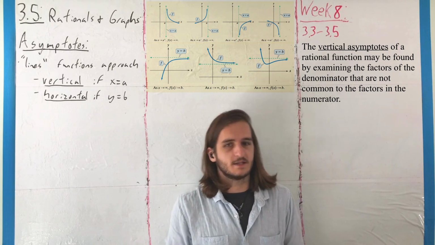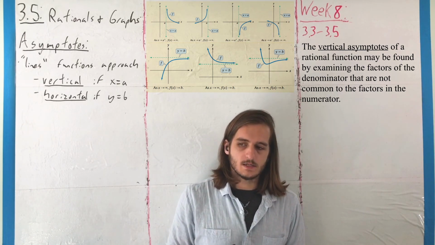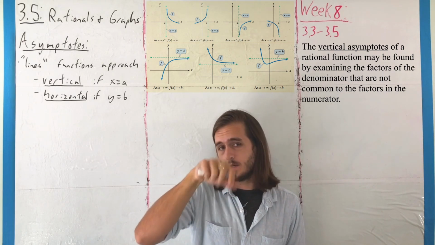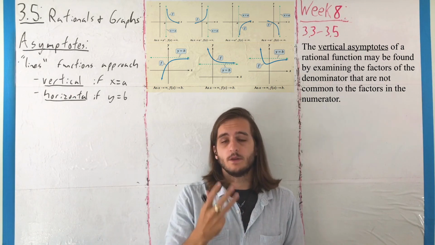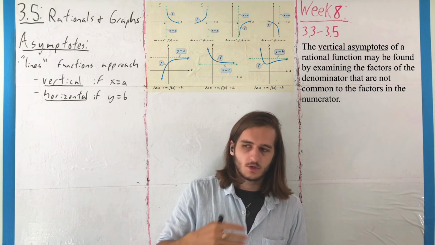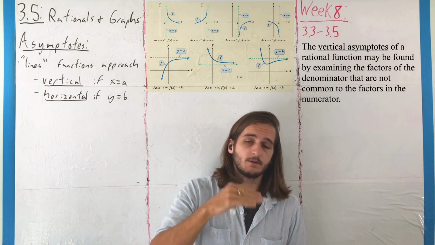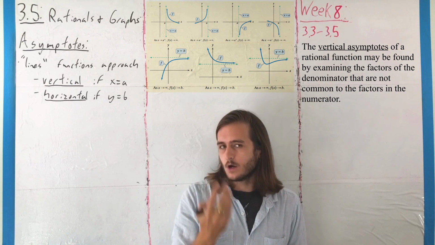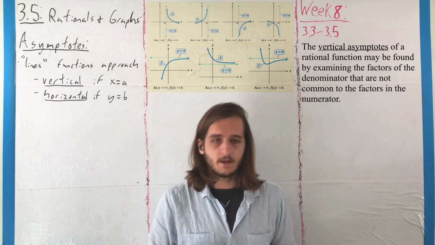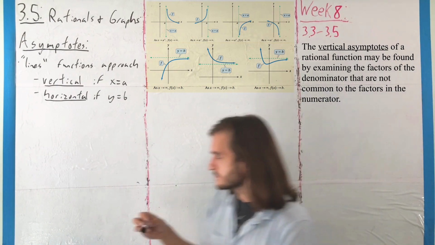Really what ends up happening is that the 0 value in the bottom, as we approach it, becomes a very, very small number, and that very small number isn't canceled by anything in the top. No matter what happens in the top, that's just going to be a value. Take a value over something very small, and you get something very large, either positive or negative, depending on the sign of the denominator, and we'll see this with a couple of examples.